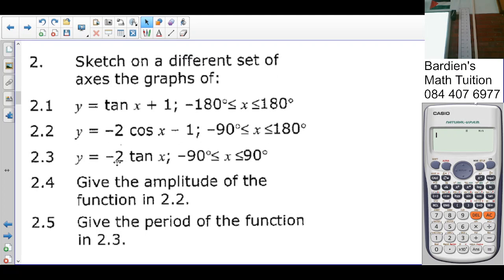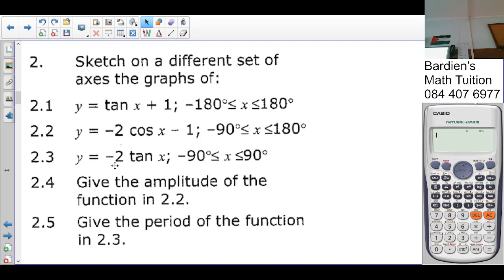There's 3 graphs we need to sketch. In number 2.4, it says what is the amplitude of the function in 2.2. You see the number in front of cos is negative 2. So if we take the absolute value or the positive value, it will be 2.